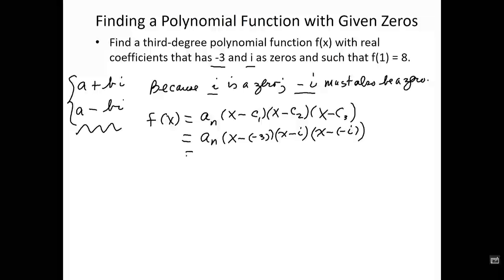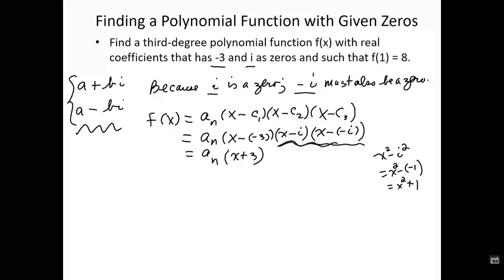Simplifying a bit, we have a sub n. x minus (-3) is going to be x plus 3. And let's do this multiplication over here. If we multiply, we're going to get x squared minus i squared, which is x squared minus (-1), which is x squared plus 1.